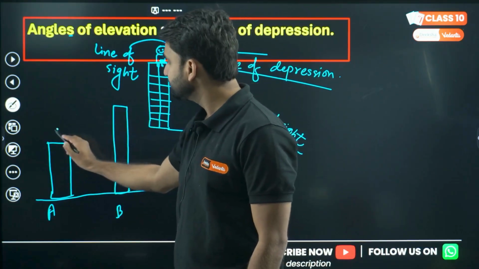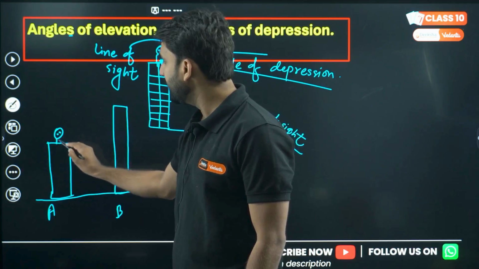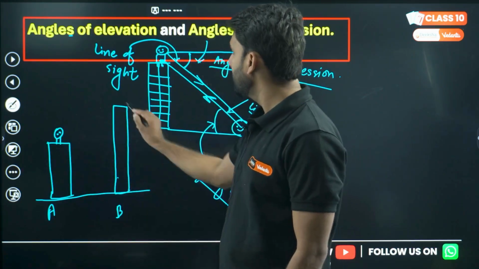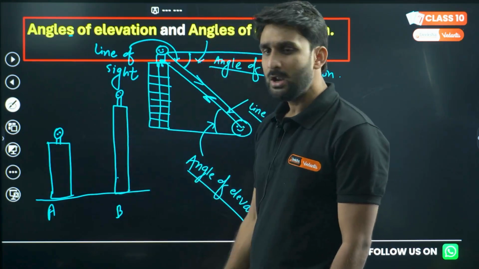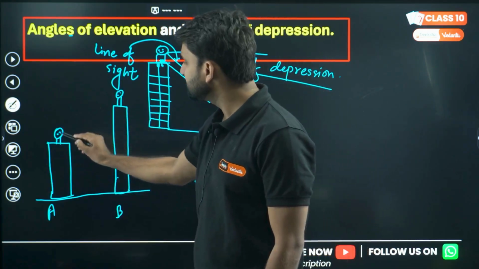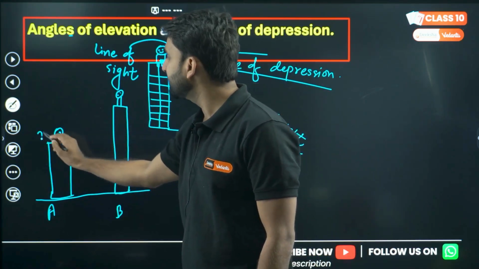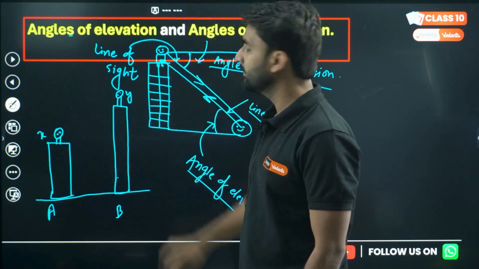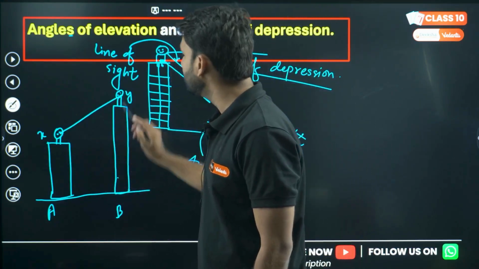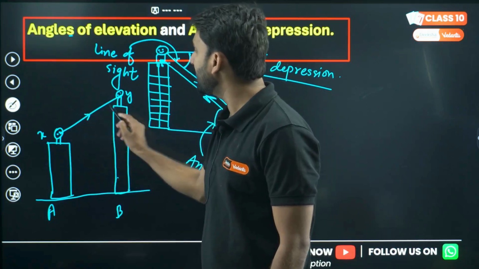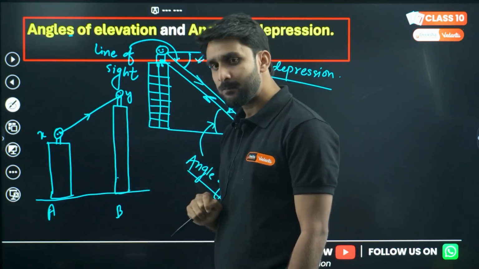A person is standing on the top of tower A and another person is standing on the top of tower B. I'm calling this person X and this person Y. Now X is looking at Y this way, so the line of sight will be this.